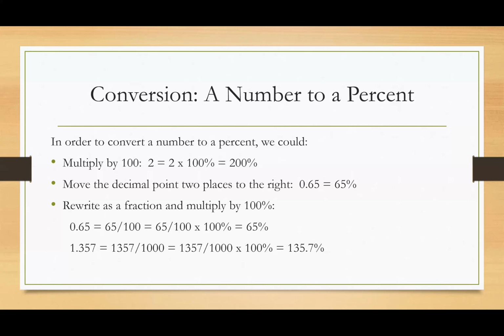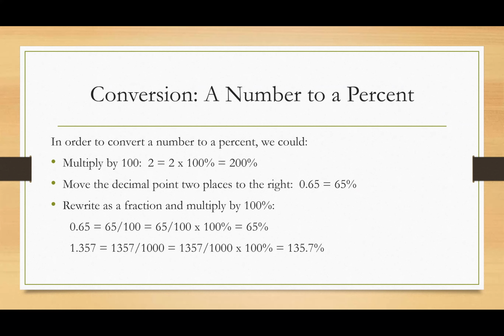And then finally, if we look at something that is more than 1, so for example, 1.357, the 1 all the way to the left indicates that we have a whole amount. The numbers after the decimal point indicate a partial amount.